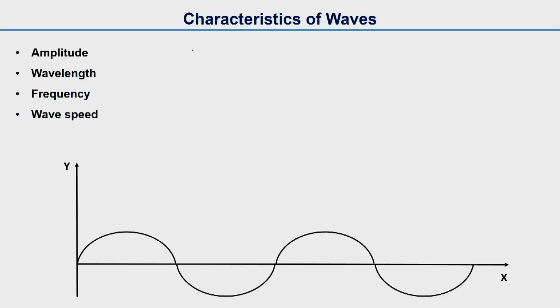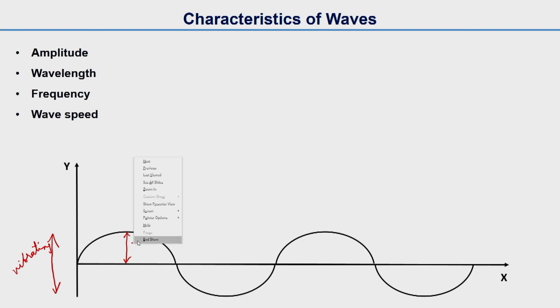Basically, to describe the differences among waves, we have these parameters: amplitude, wavelength and frequency. Let us say we have the string here and we are vibrating like this. The amplitude is the maximum distance the parts of a medium move from their natural position. So, this is our amplitude.